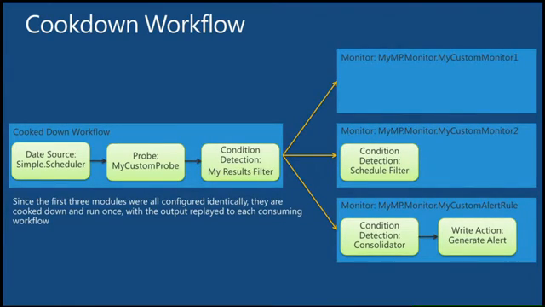But the reason cook down is important is, like I said, if I can take 200 rules that I have and power them from one data source, I'm saving cycles, CPU time, all sorts of things. So when you start building really complex scripts, or scripts that you're going to use in multiple rules or multiple monitors, you need to consider this cook down factor, and how do I make sure these things cook down correctly?